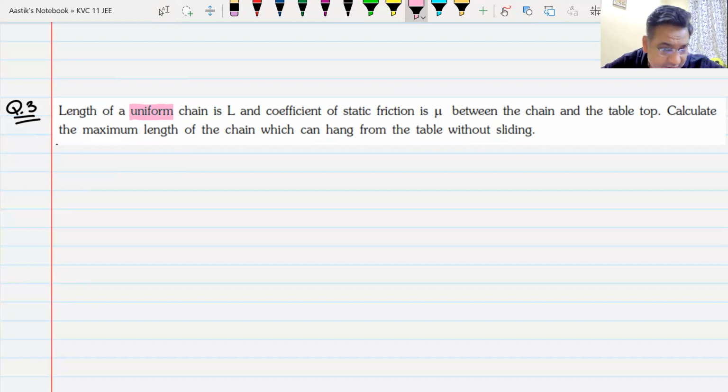On what factor will it depend? If the chain is very heavy, you will not be able to hang anything, literally. What is going to stop the chain from falling down?